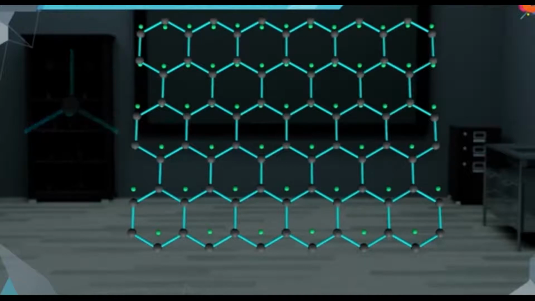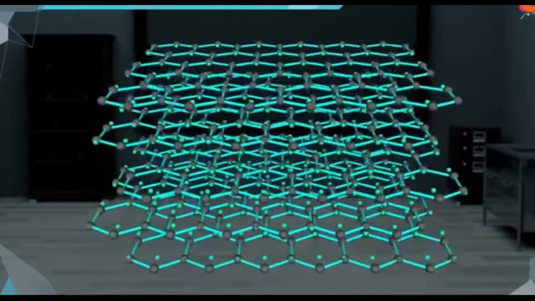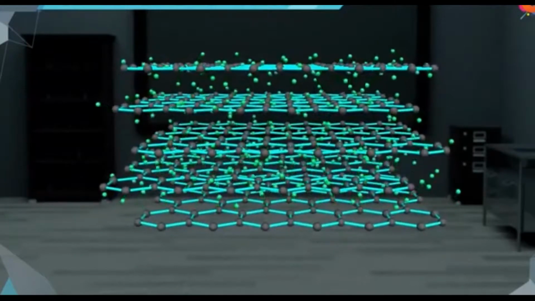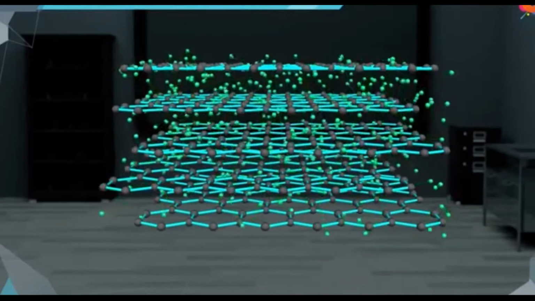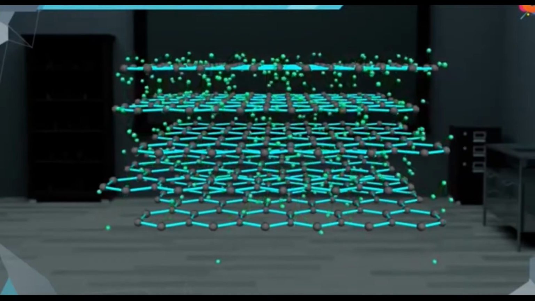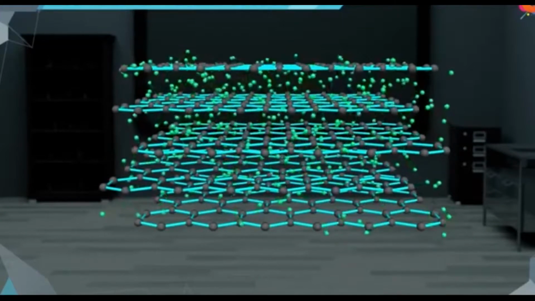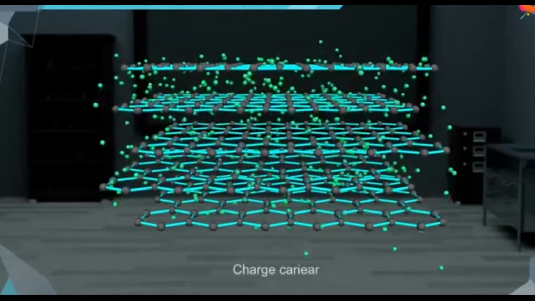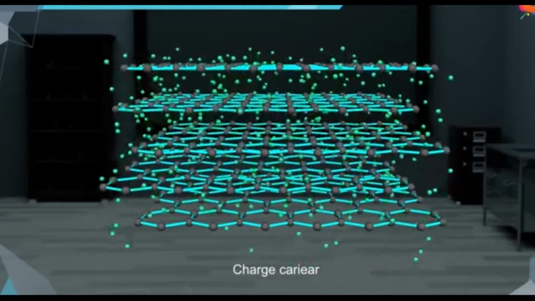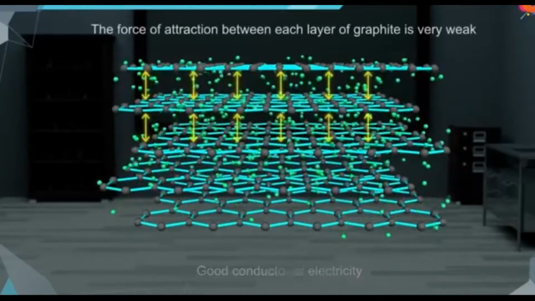This 4th valence electron is free to move within the structure. When potential difference is applied, these free electrons act as charge carriers and make graphite a good conductor of electricity.